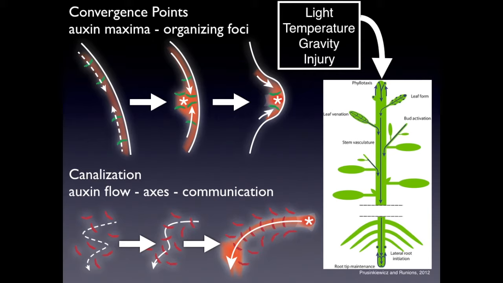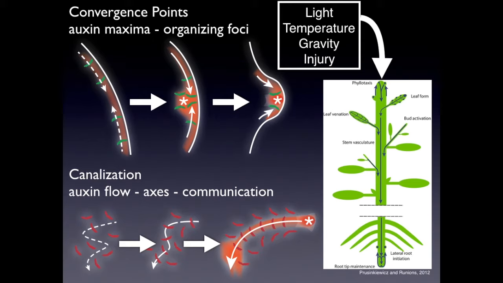So by long-range communication, I mean that if this bud over here perceives some sort of light or temperature or anything, it can actually affect this bud over here depending on how much auxin is being transported into that shared pathway. So these are great phenomenologies.